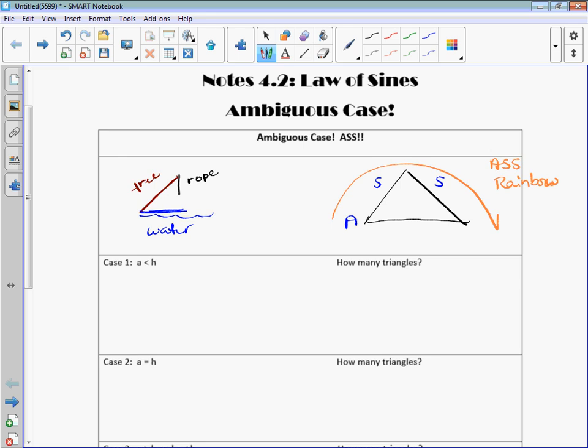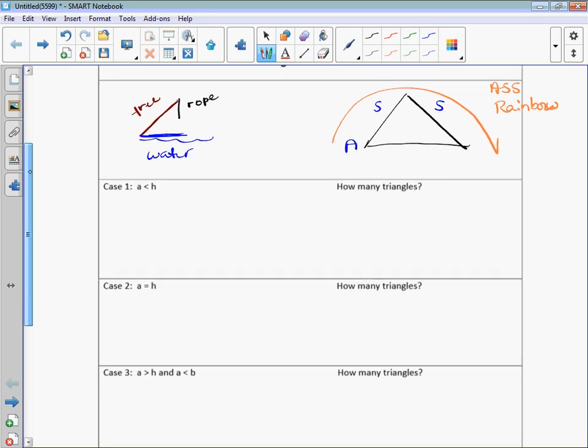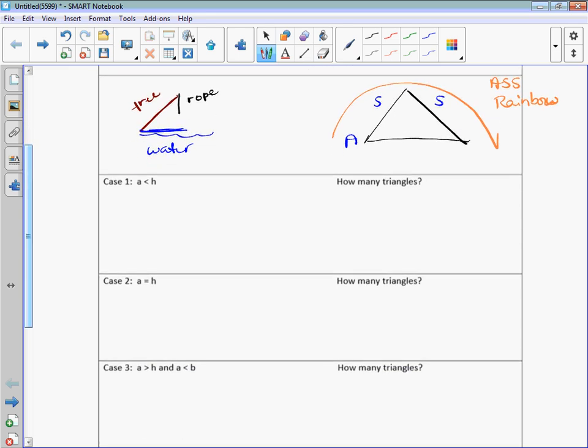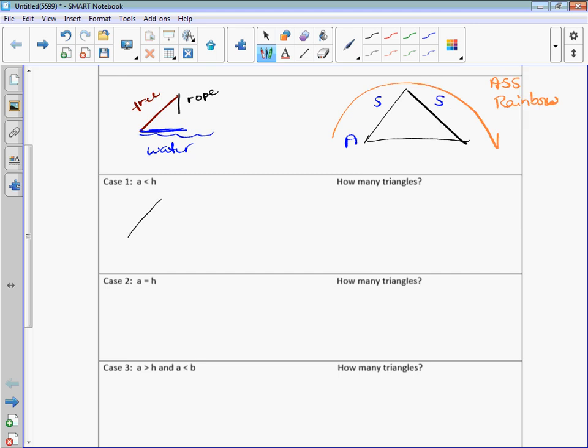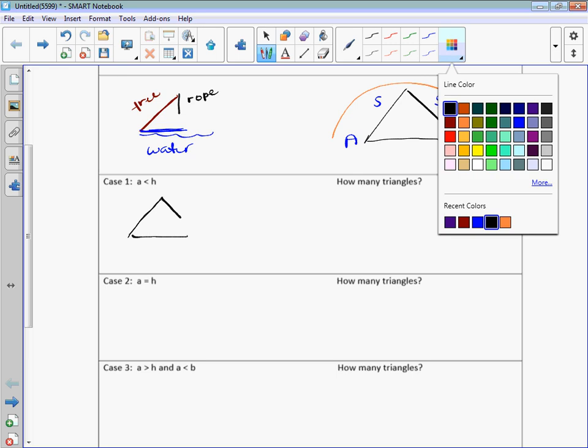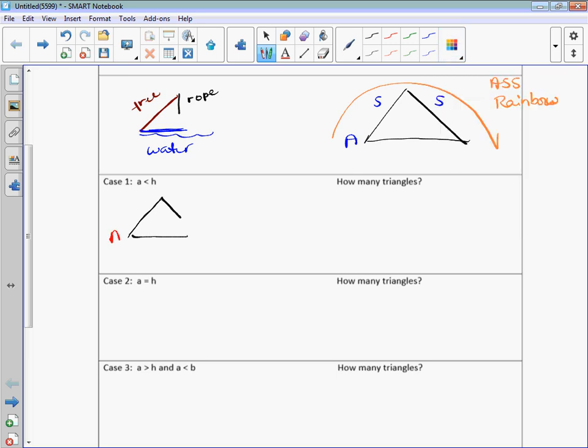All right, so let's look at our first case. This is going to be angle A down here in the bottom left. That means side A is going to be across from it, right? So side A is currently my rope.